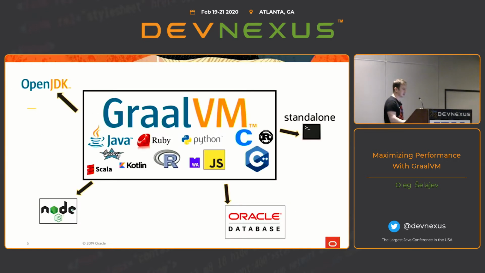How does it work? In one picture, GraalVM is this runtime that has support for the languages which I named before, so you can see the logos there. And it can run applications in different contexts. It can run them as Java applications in the context of OpenJDK. It can run applications inside a Node.js environment.